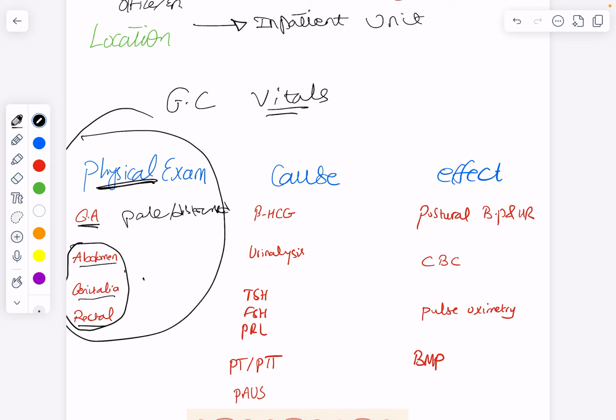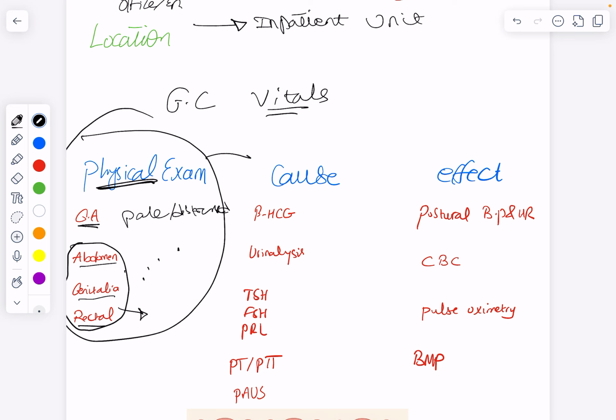It would show you if there's any ovarian or uterine lesion or cervical lesion, and if the bleeding is actually from the vagina or from somewhere else. A rectal exam will also determine if there's fibroids or adenomyosis that could be causing it, like structural causes.